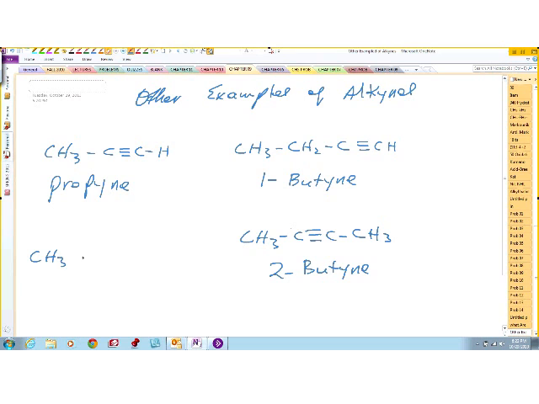Okay? How about that molecule? What is it? 3-hexyne, exactly.